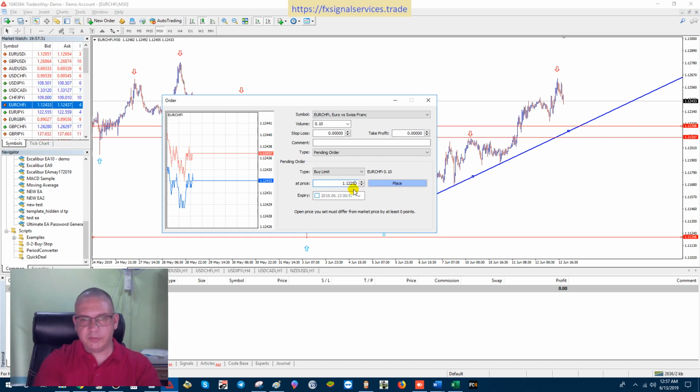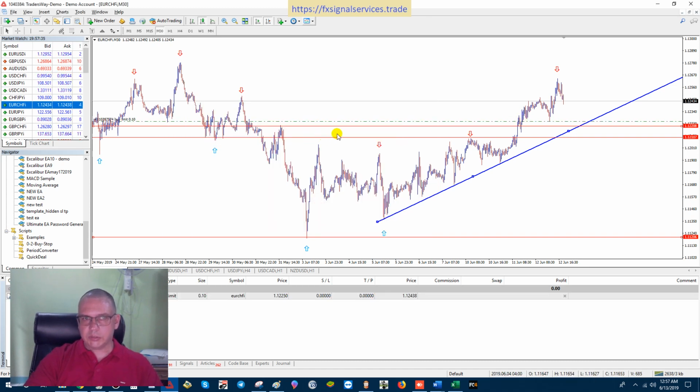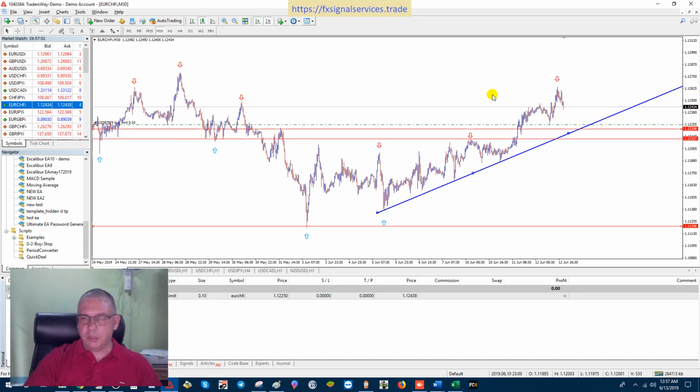Let's just say 250. Okay, I'll make it even 250. All right, this is my buy limit pennant order, and we notice that there's a support right here. So I feel pretty confident that this is going to hit and then, you know, continue up.